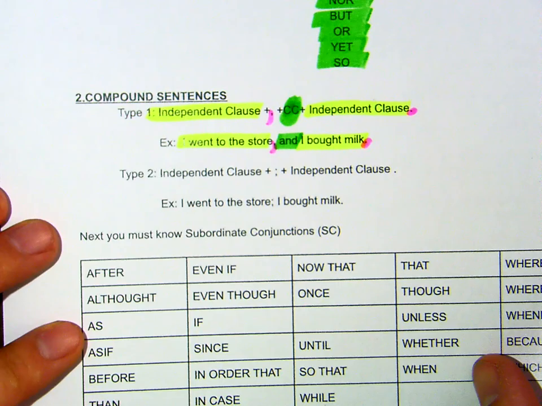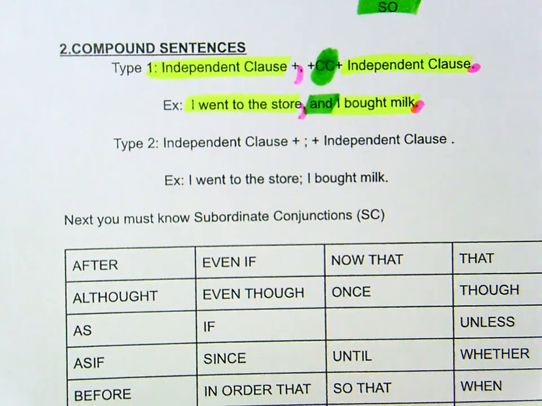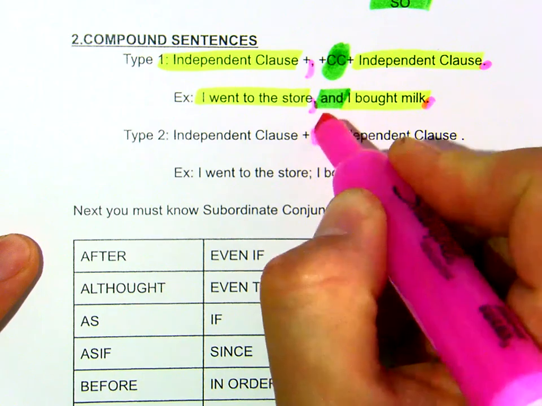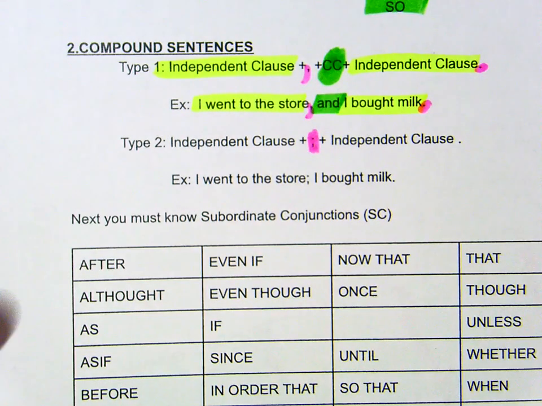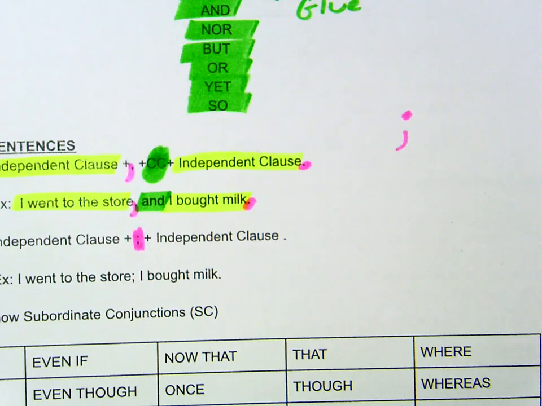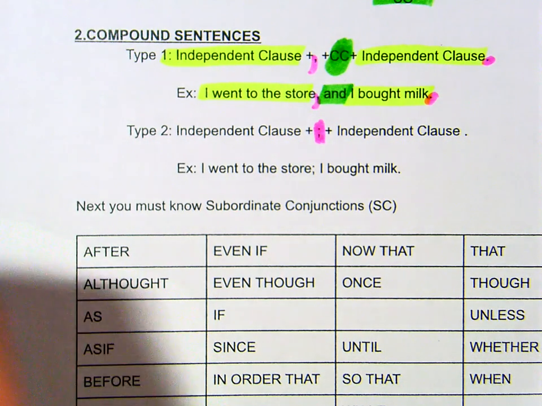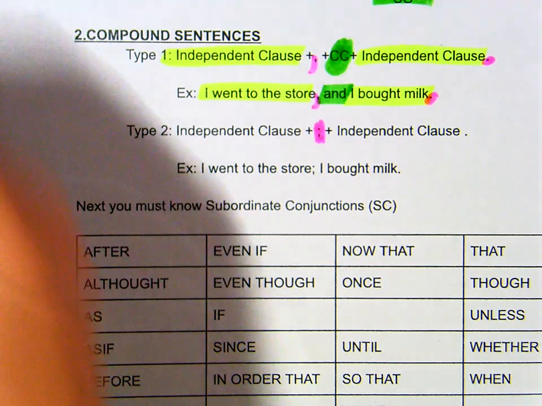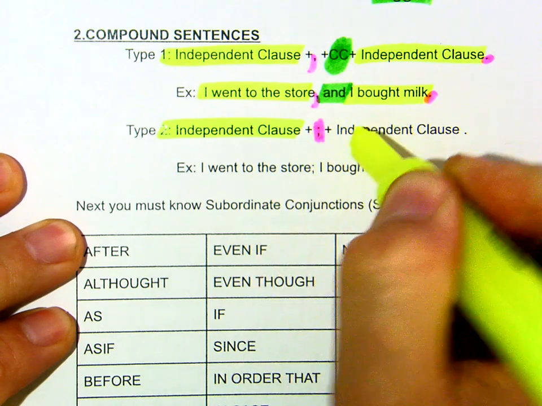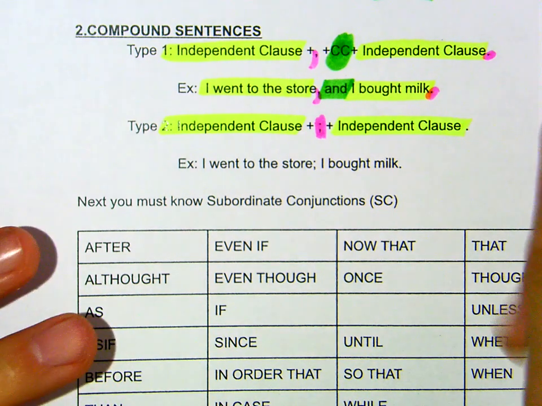Now there's another way to join together 2 independent clauses for a compound sentence, and type 2 is using a semicolon. A semicolon is this punctuation right here that looks like a period on top of a comma, like that. So all you would need to do is have your yellow, a semicolon, and a yellow, and then of course a period at the end.